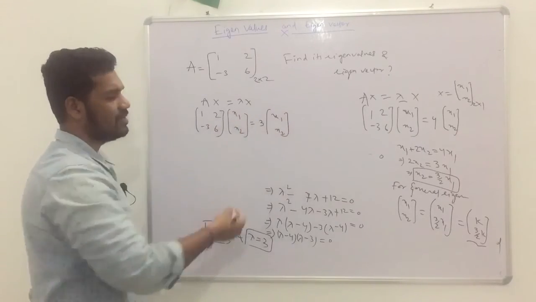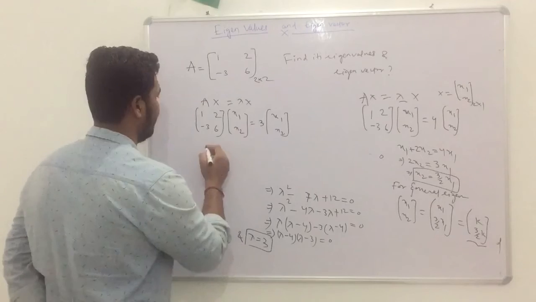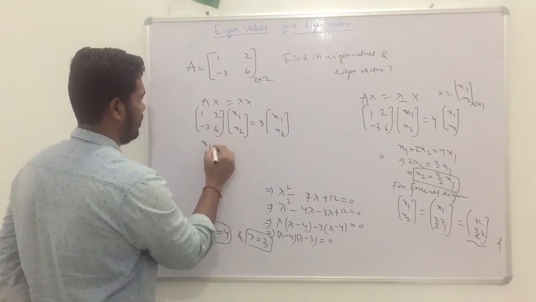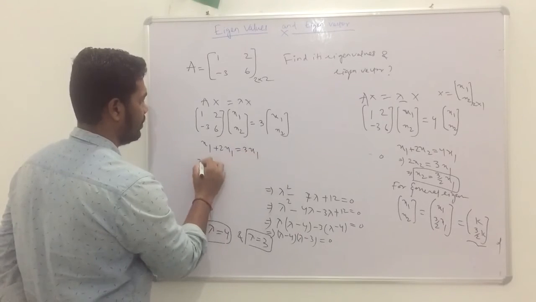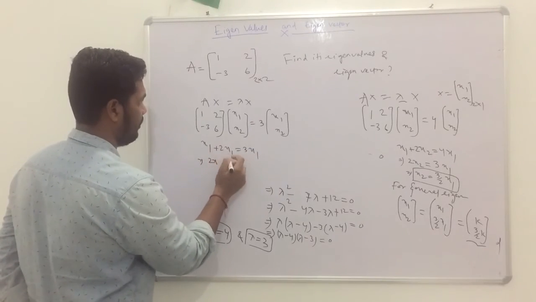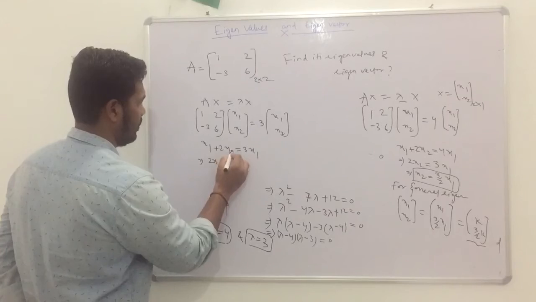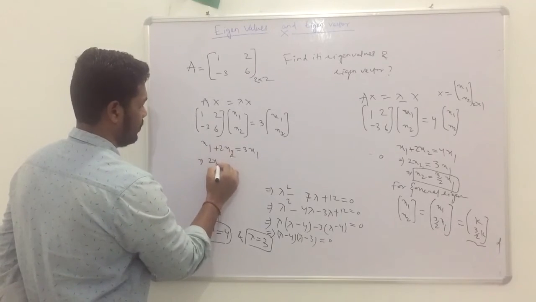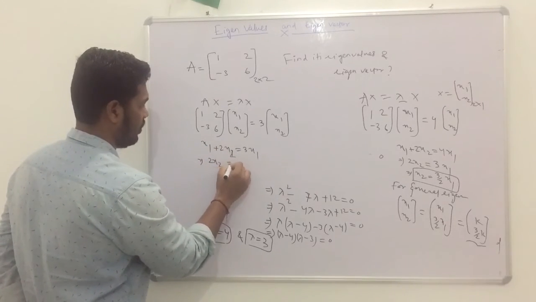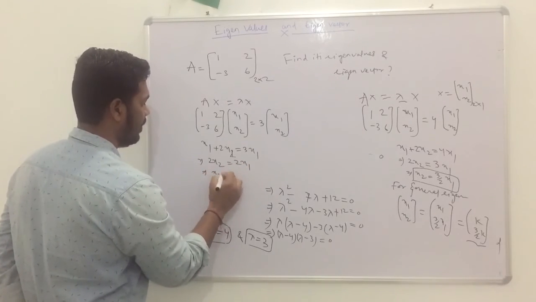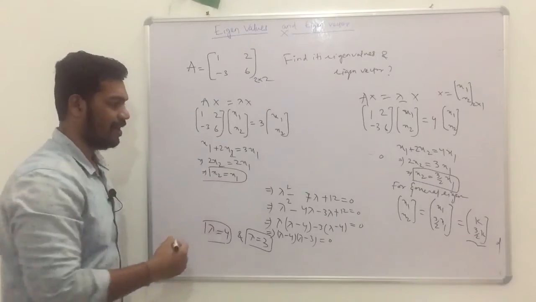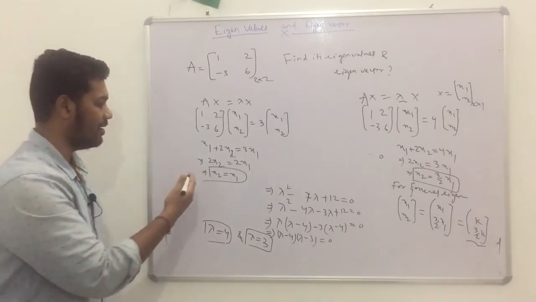So if you solve this, you will get x1 plus 2x2 equals 3x1. So this will give 2x2 equals 2x1, which simply equals x2 equals x1. You will get another condition to get the eigenvector.